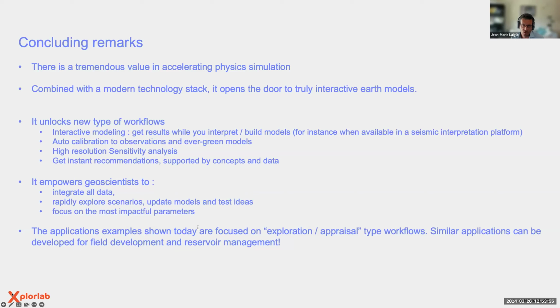So we have full control of the training data set distribution, which is key to make this generic and applicable in most basins. I'm not going to say every basin, because geology is always full of surprises. But the rationale is to try to get this as generic as we can. And so this is why we have generated the training data set ourselves, to have this full control. So that's quite a voluminous data set in itself.